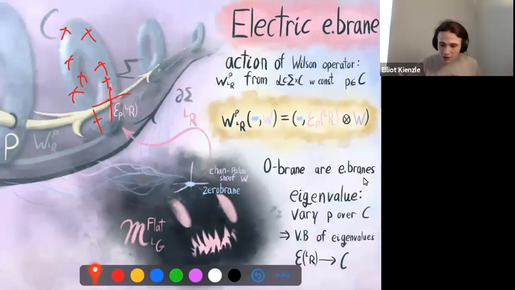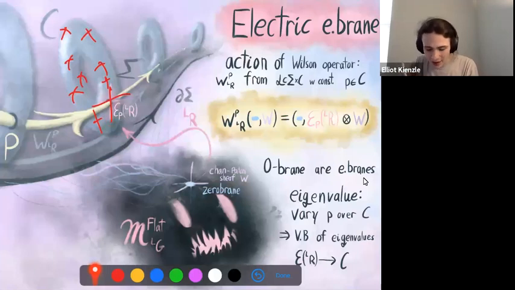Now, the action of the Wilson operator on the zero brane, it turns out, is just to tensor the Chan-Paton sheaf over the zero brane, which is just a vector space over the zero brane, with this canonical vector space. That's it. In particular, that means zero branes are eigenbranes.